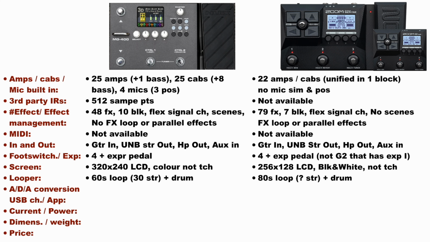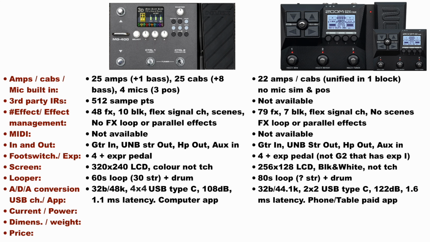The G2 offers longer loops and both the units have a drum machine built in. In terms of ADA conversion and audio interface, they are similar, as both the units offer two USB channels at up to 32 bits, but the conversion rate of the MG400 can reach 48 kHz, where the G2 offers 44.1 kHz.